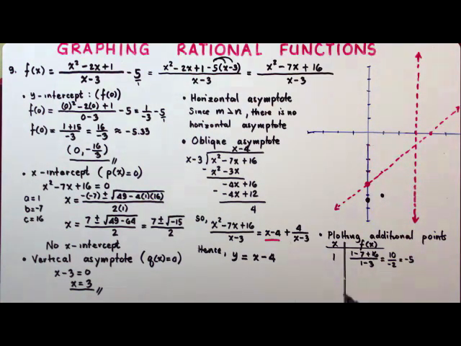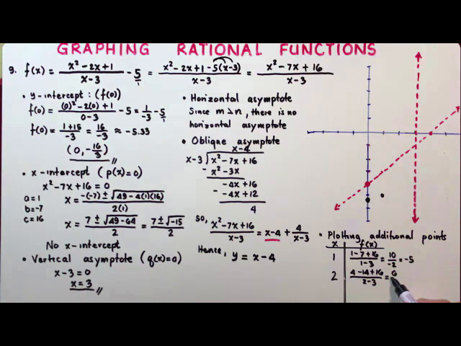And then we would like to see if your x is 2. If your x is 2, that is 2 squared, which is 4, minus 7 times 2, which is 14, plus 16, divided by 2 minus 3. Simplifying, 4 minus 14 is negative 10, plus 16 is 6.